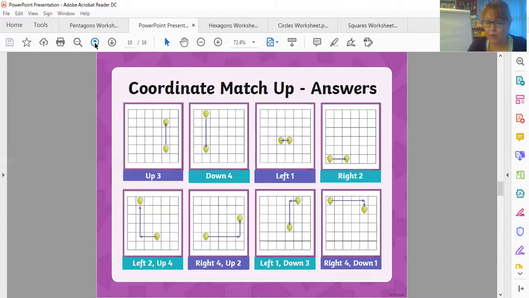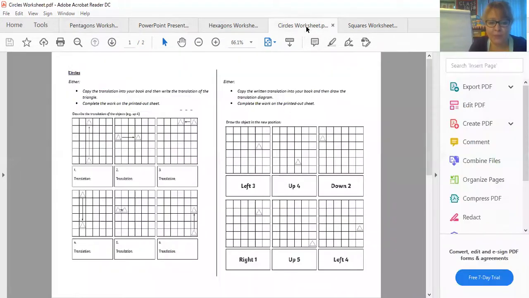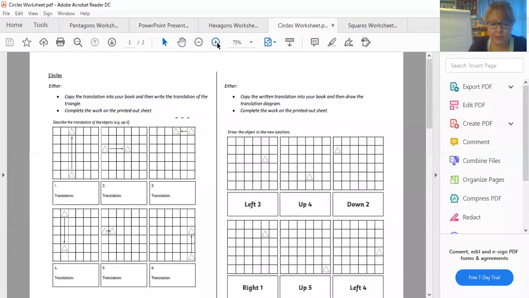In fact, if you use the home learning document, they won't even be on there. So we will end it there, having matched up these ones here. Okay, having matched these up, we'll leave it there, and I'm going to show you your work for today. So circles. You have got a choice of either copying the translation into your book.